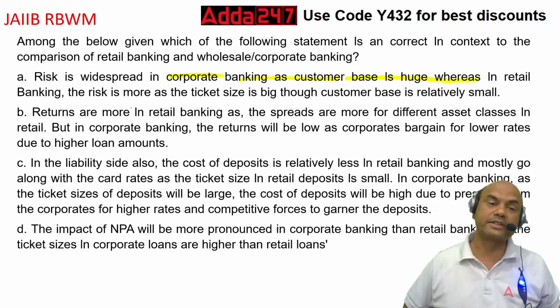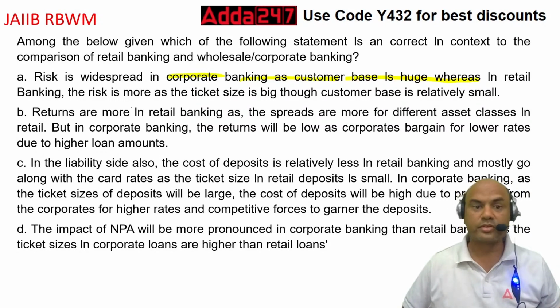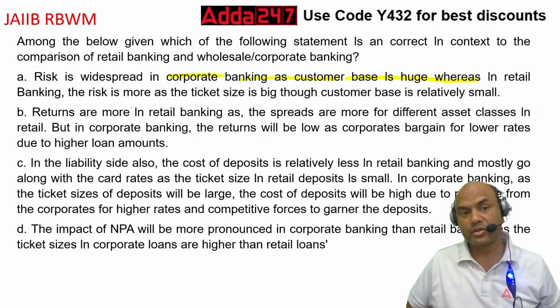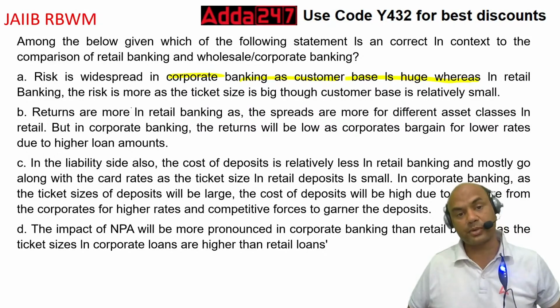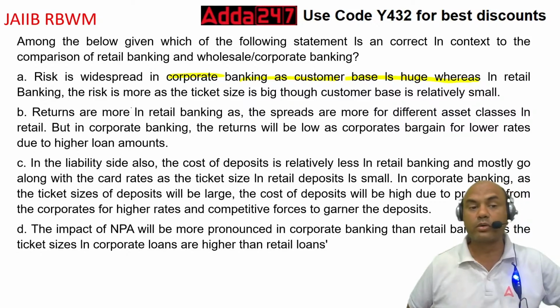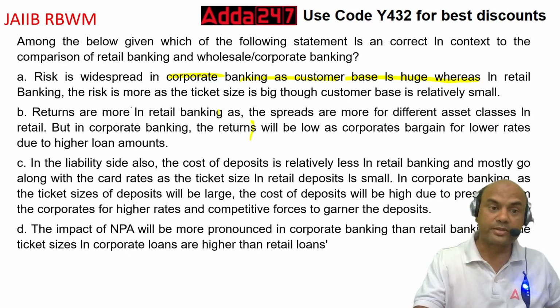So here the spreads are more for various asset products. So that's why returns will be more in retail banking. So B seems to be correct. But let's look at the second part. In corporate banking, the return will be low as corporates bargain for lower rates due to higher loan amounts. So that is also true, this part.